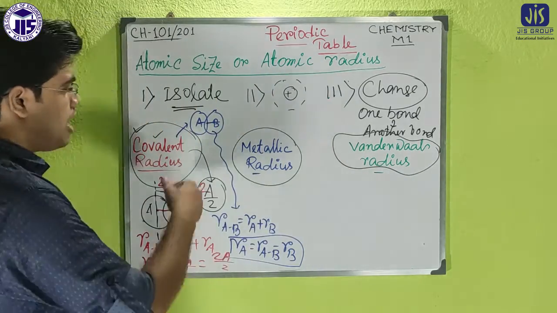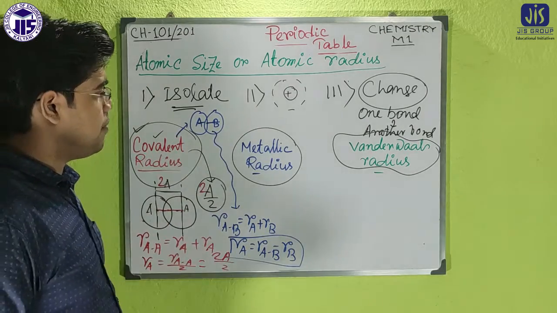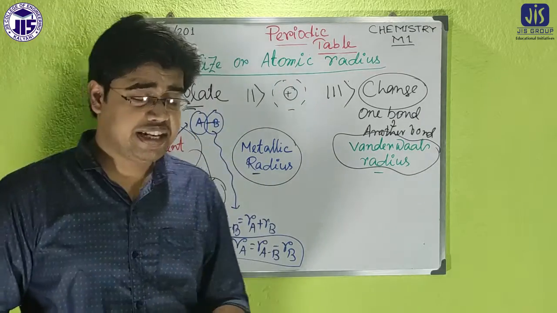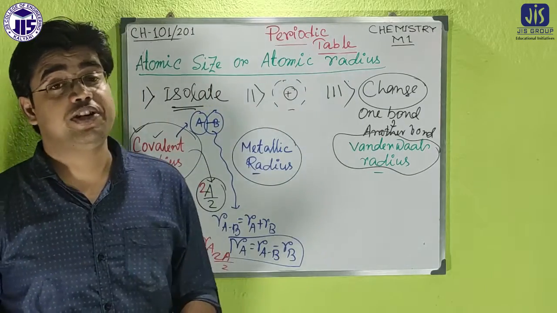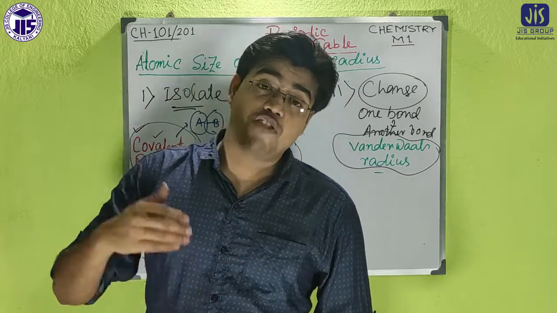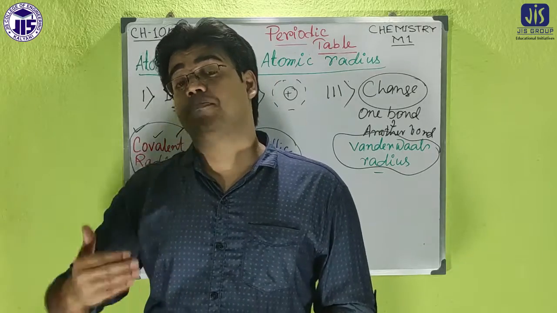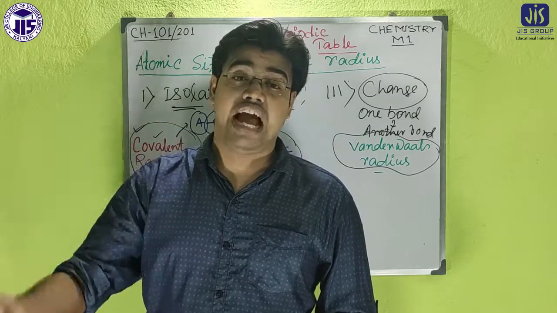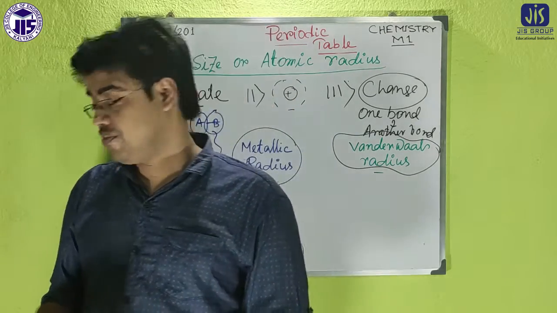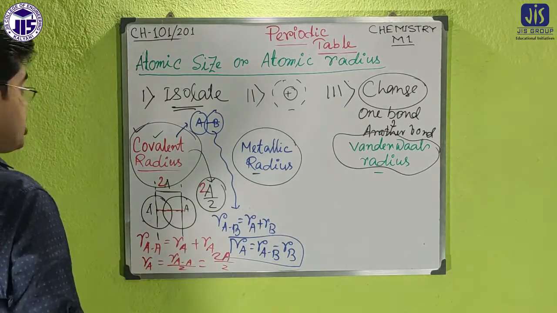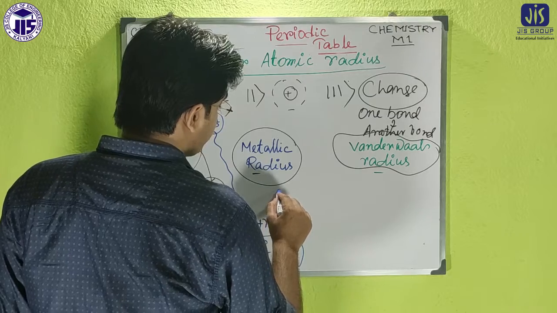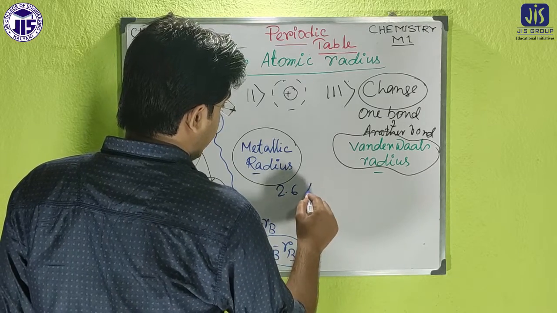Okay, so that is the covalent radius. Now the metallic radius: in case of metals, generally it is taken as half of the distance between the corresponding neighboring atoms. Like in case of copper, the distance between the two neighboring copper atoms is 2.6 angstrom.